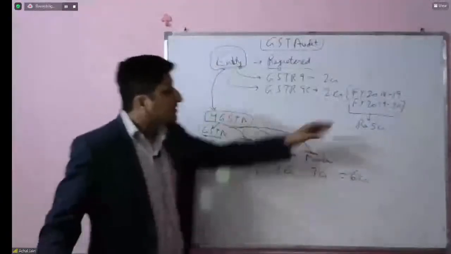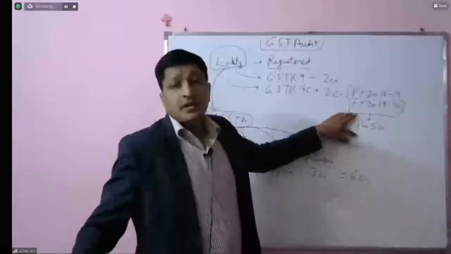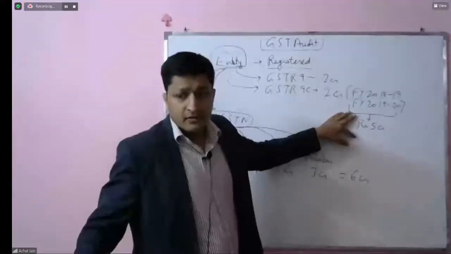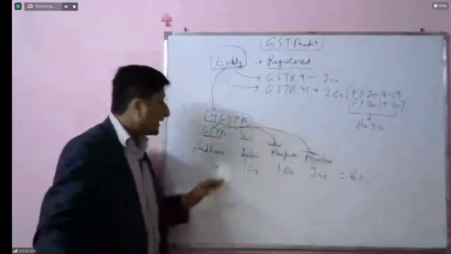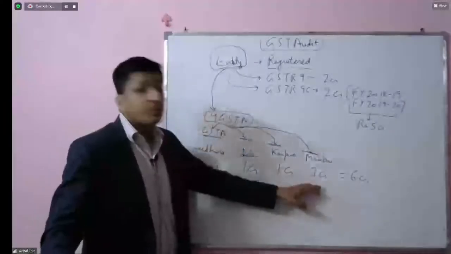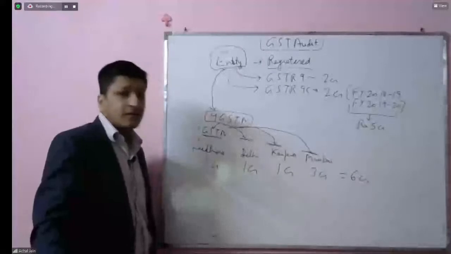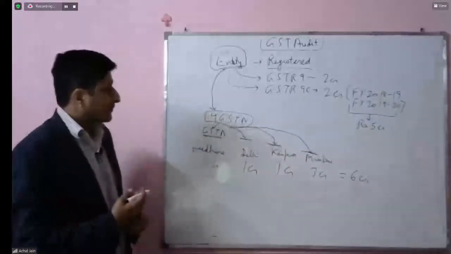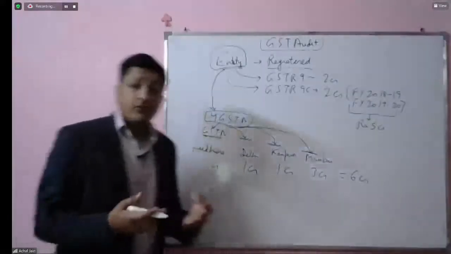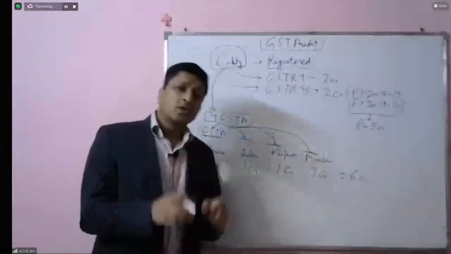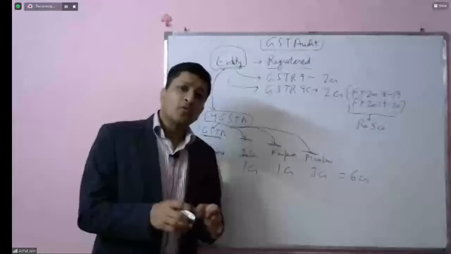Now, if you look at the threshold, it says if the turnover is below 5, audit is not mandatory. So accordingly, GST audit should not become mandatory to all of them. But this is not the case. GST audit will become applicable to the entity on the basis of turnover of the entity as a whole.